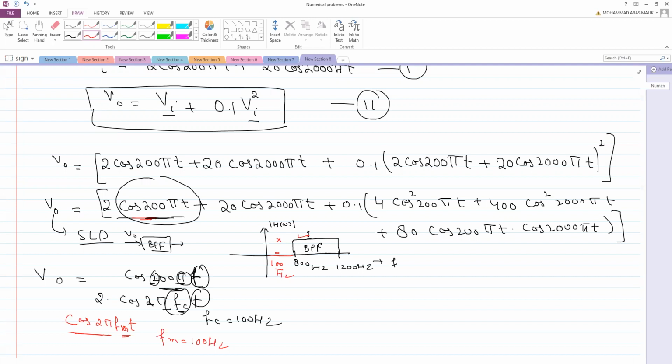So I will just put a cross mark here to make you understand that this will not be passed by your band pass filter. What about this thing? Will it be passed? Yes, this will be passed because its f is equal to 1000 hertz. So it will be passed through the band pass filter, right?